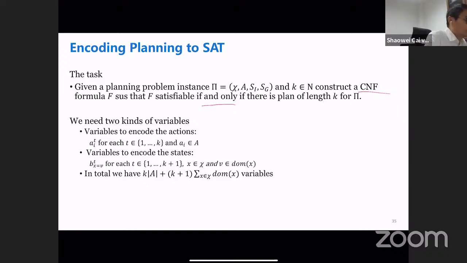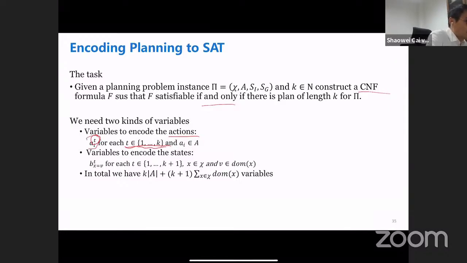To encode this problem, we need two kinds of variables. One kind to encode the action. Now we can see we have an index T here, which corresponds to the time or the step. So this is the method for encoding sequential problems. We need to consider the time.